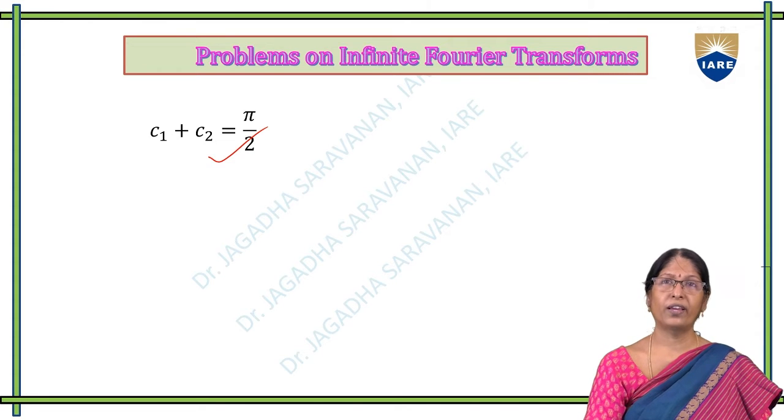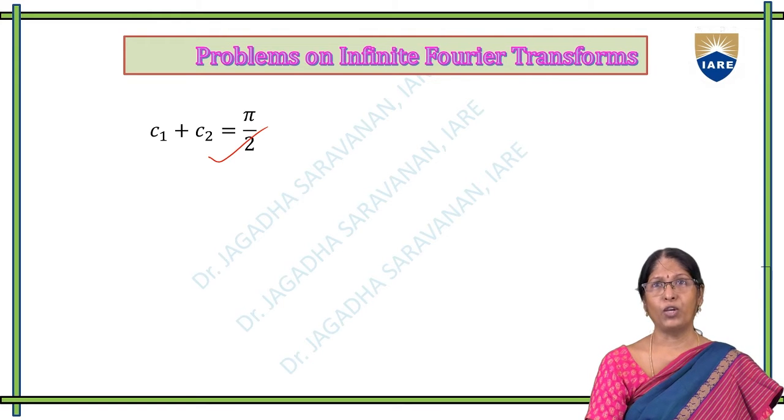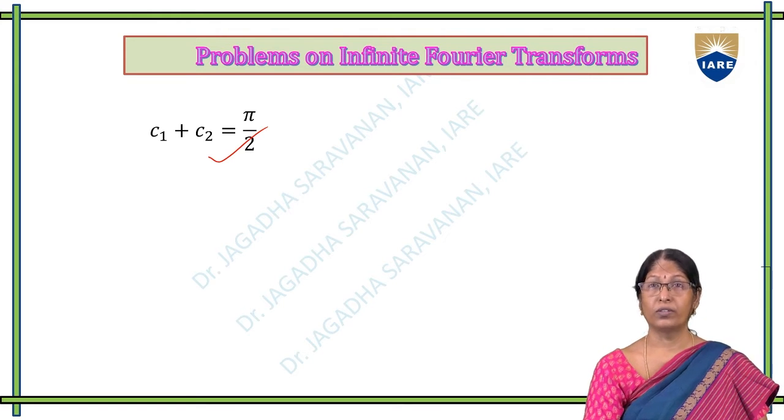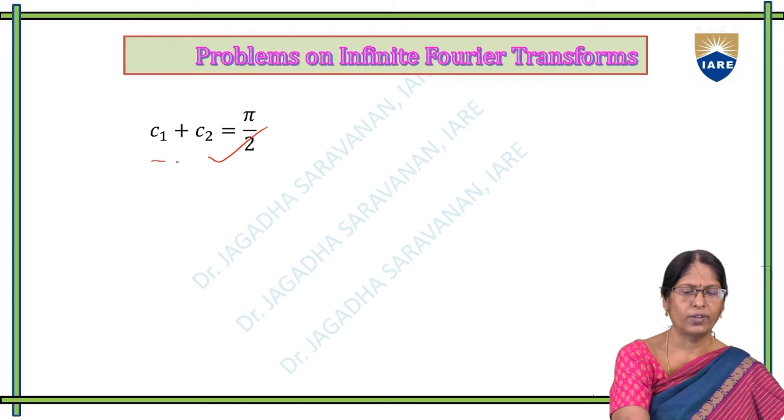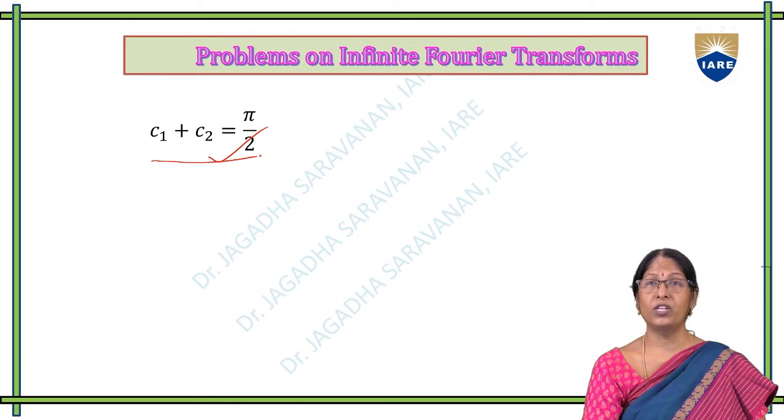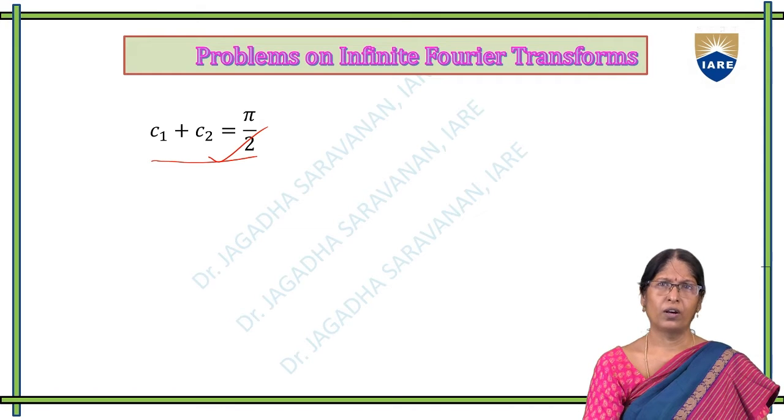So we got c1 plus c2 equal to pi by 2. We have taken our equation 1, in which we substituted the value p equal to 0, and we got c1 plus c2 equal to pi by 2. Why do we have to do all these steps?